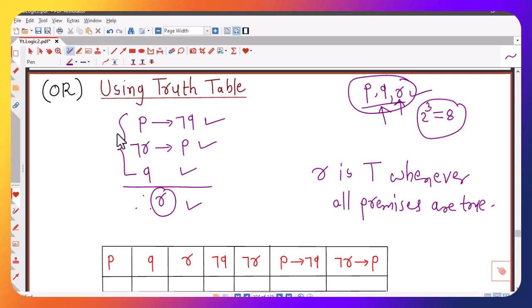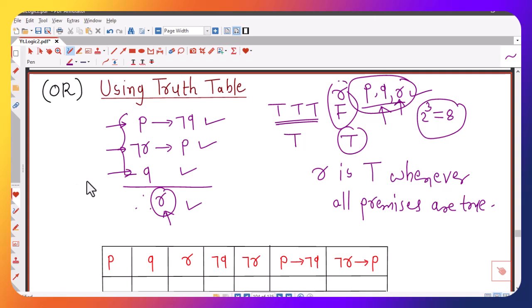After that we will search for those rows in the truth table in which all these premises are true simultaneously, and we will check the corresponding truth value of r in that column. So whenever all these premises are true implies that r is also true, then we can say that our argument is valid. And if that does not happen, that is if we can find at least one row in which these 3 premises have truth value true but r is false, then our argument is not valid.